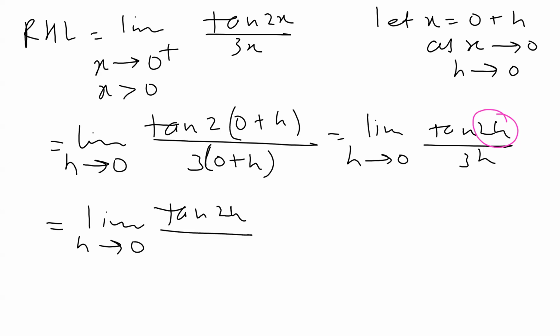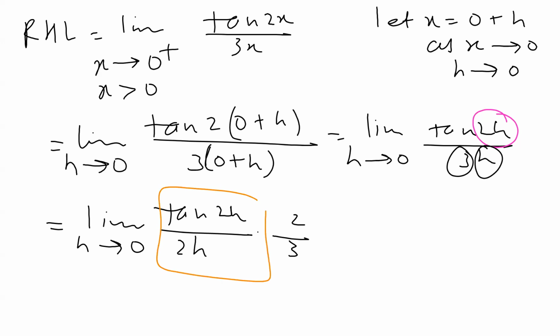So tan 2h, now this h is there. Make it 2h, multiply and divide by 2, and this particular 3 is written over here. So this part is 1 into 2 by 3. It is the direct formula, which is 2 by 3.